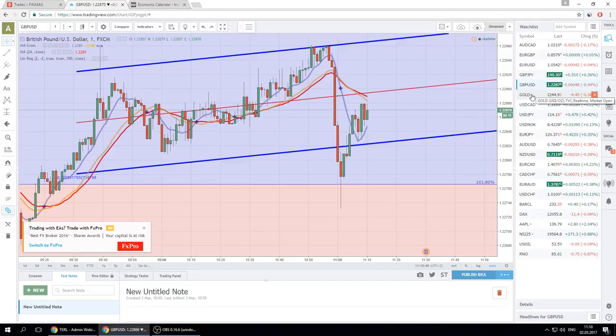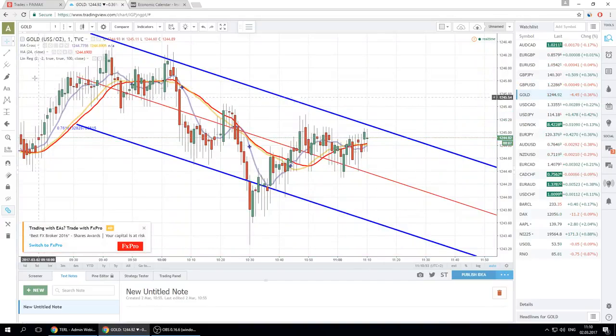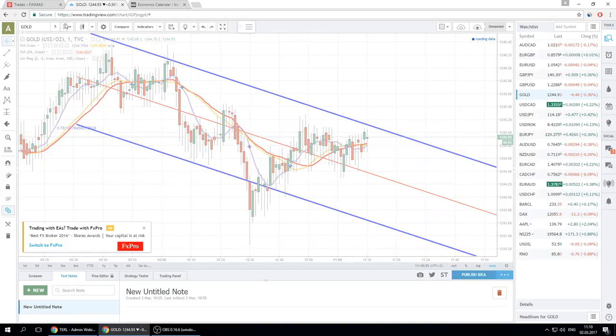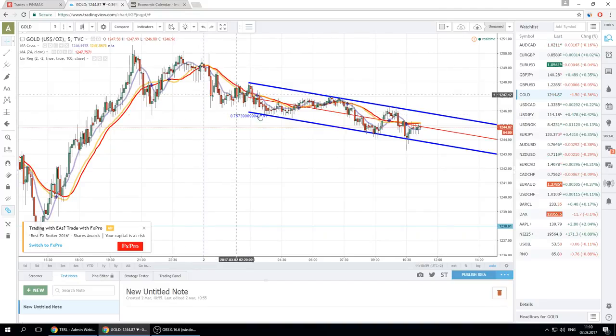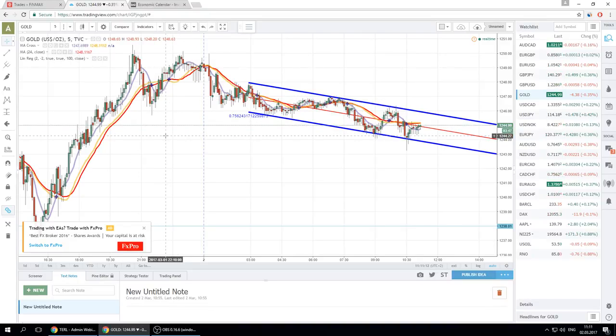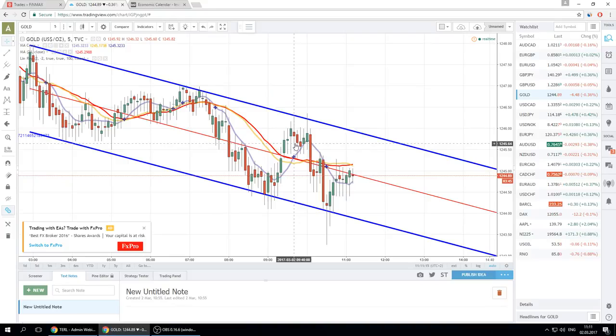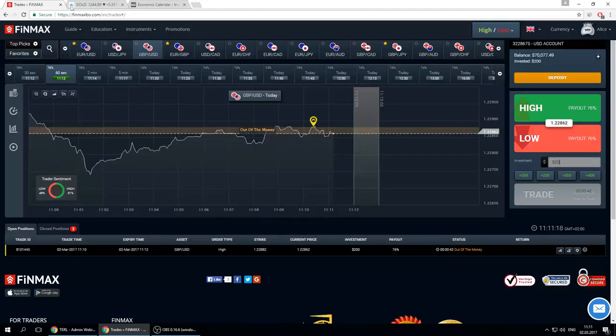So gold. Gold is also fluctuating here in not that wide ranges. Well, let's open for 1 minute for up.